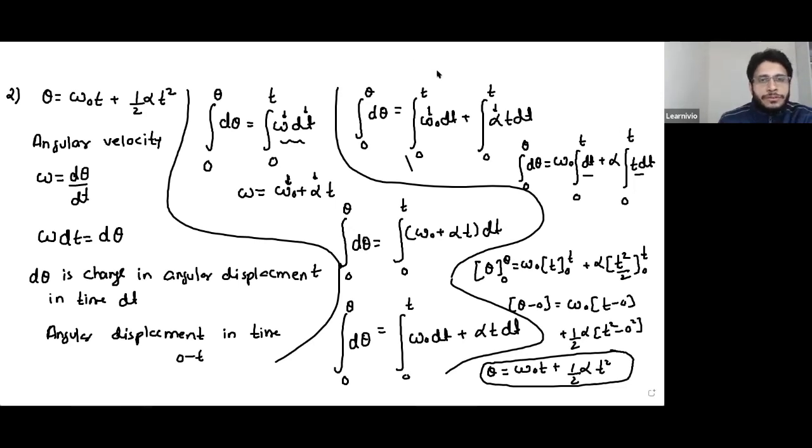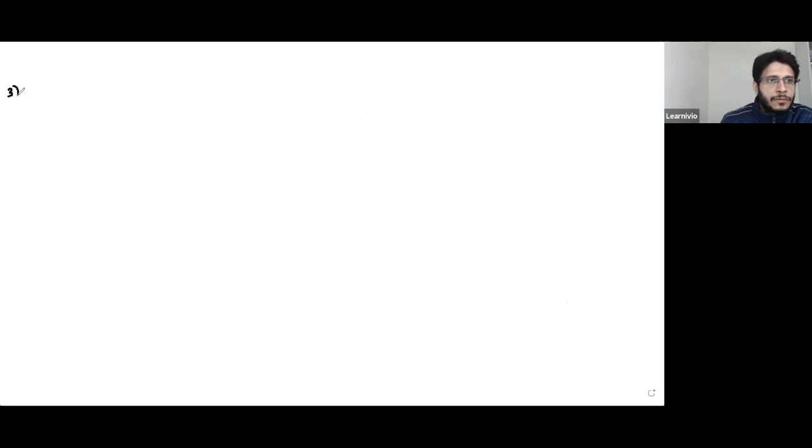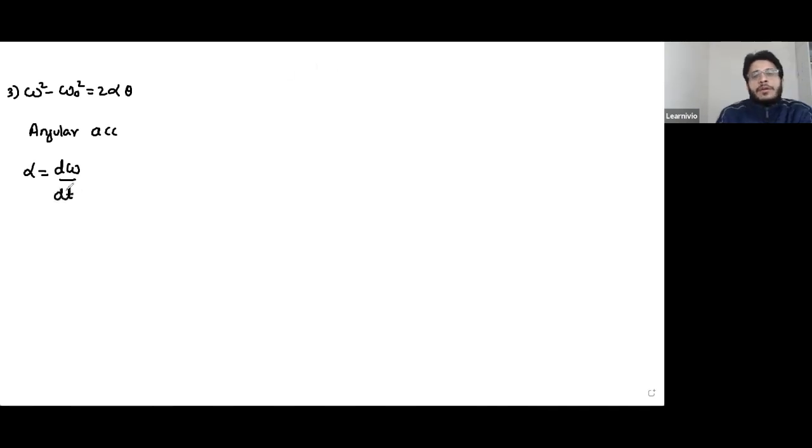Okay, next take the third equation: omega square minus omega naught square is twice alpha theta. For this equation, you can start with the definition of angular acceleration. Angular acceleration alpha is d omega over dt. But the problem here is this equation doesn't have time; it's independent of time, but here you are getting time.